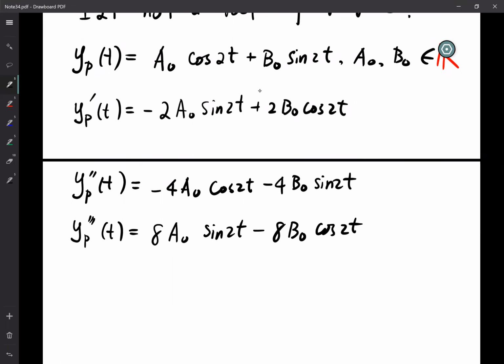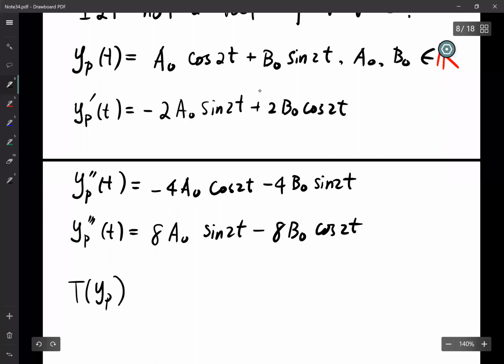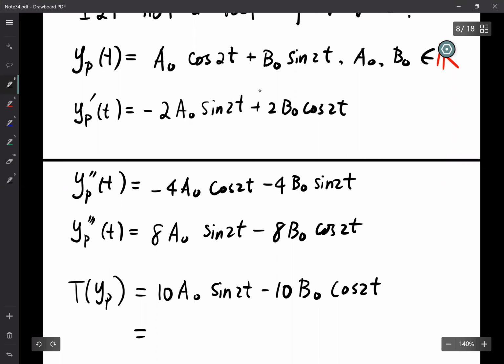Okay, so now we have yp triple prime minus yp prime. First, there is the cube term, this is 8 minus the y prime term. Let's collect. So this is 10 A naught sine 2t minus 10 B naught cosine 2t equal to sine 2t.